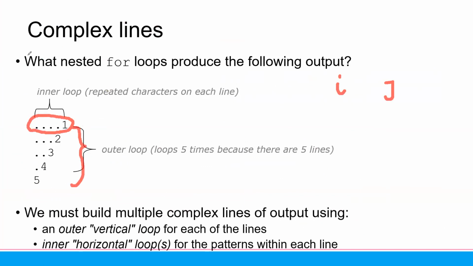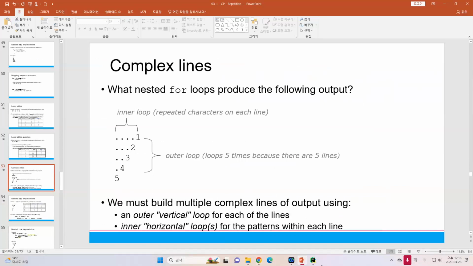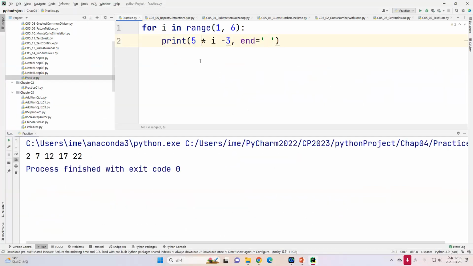This is what you already know from the for loop. For I in range 1,6 and for j in range 1,5, for example.